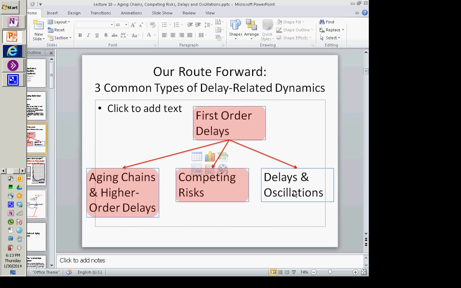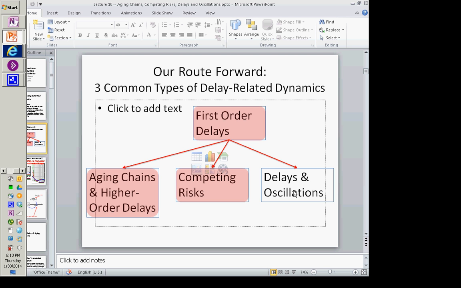So here, I wanted to talk about delays and oscillations and how they come out of it, because we've talked about feedbacks in a stock and flow sense, and we can begin to see the different types of feedbacks and their characteristic behaviors.